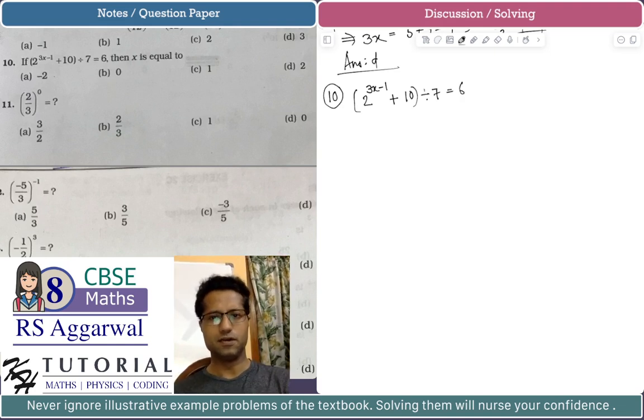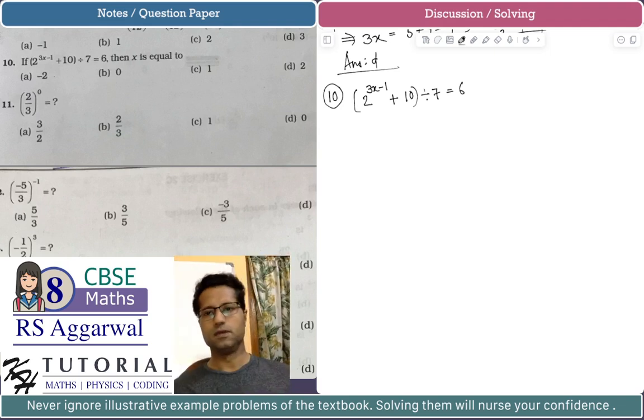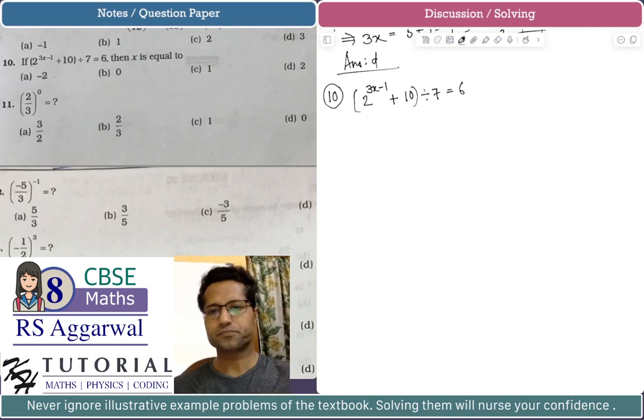Now this is a little different kind of problem. Let's see how to do this. In this we do not see that the right hand side and the left hand side have exponents with the same base. So the way we solve this is that we have this equation.